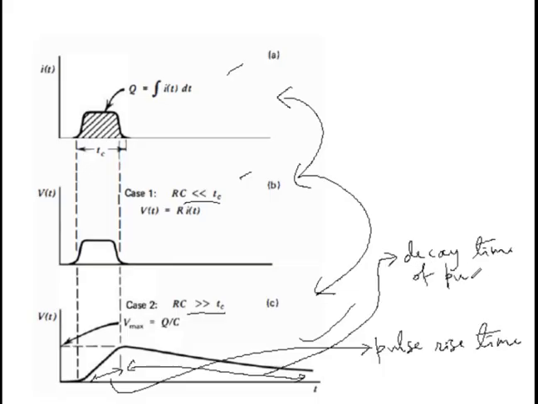Now this decay time of the pulses, or basically the time required to restore the signal voltage to 0, is determined only by the time constant of the load circuit.